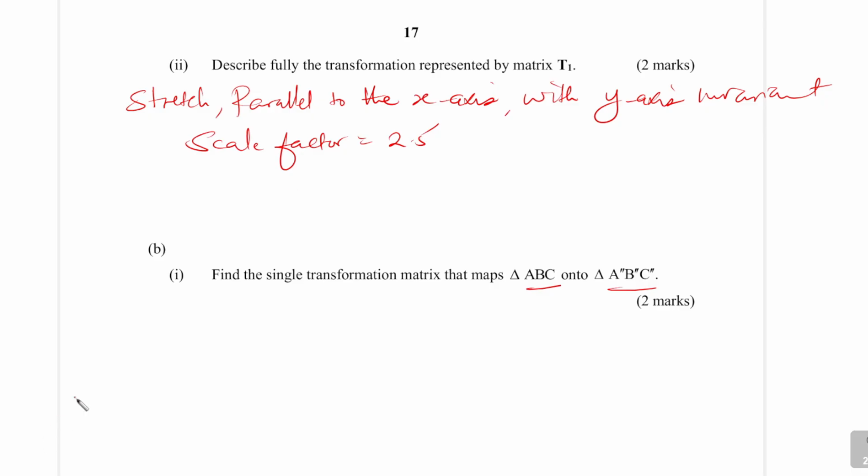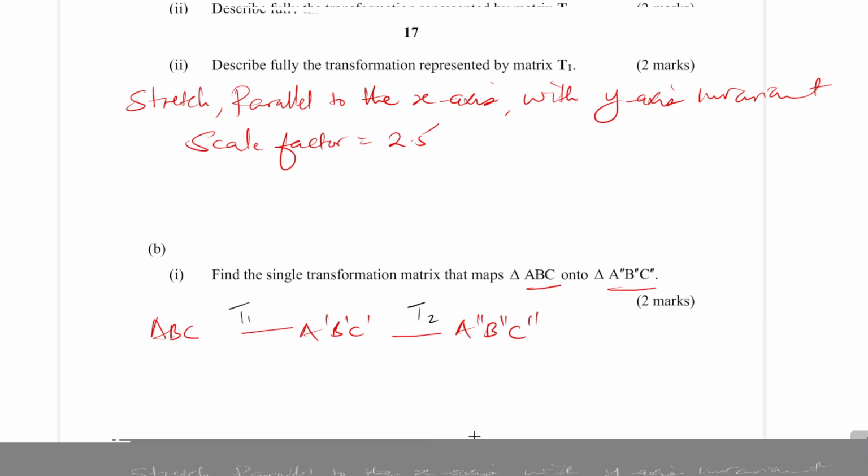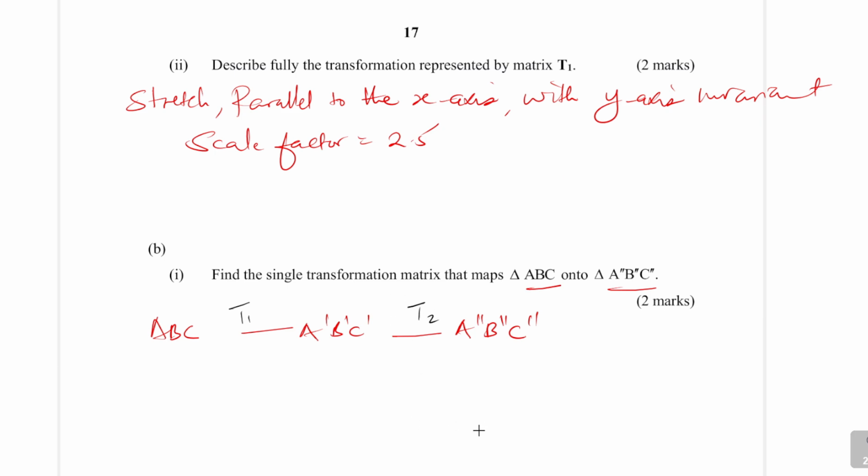So you can see we have ABC. It is transformed to A prime, B prime, and then to A double prime, B double prime, C double prime. So ABC undergoes T1 followed by T2. So this is successive transformation.